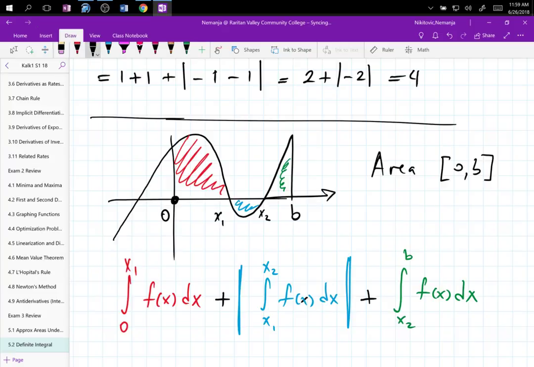So let me say actually area equals, right? So any time the function dips below the x-axis on the integration for that range, for that domain, you have to find the absolute value of it.